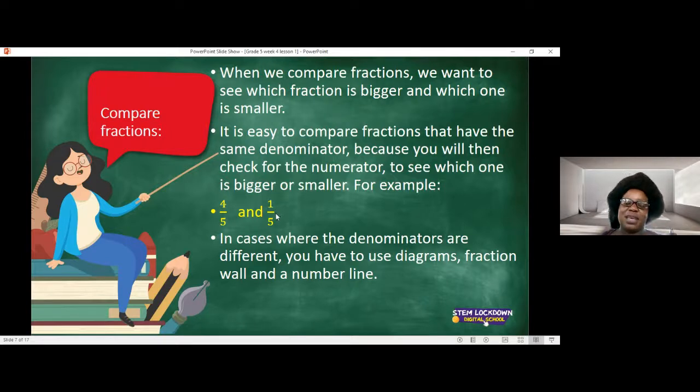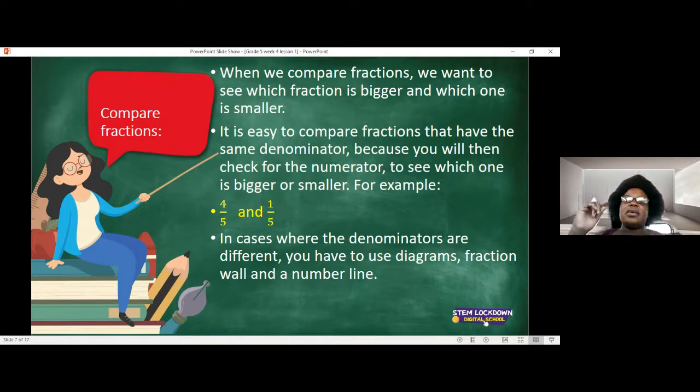Who's going to get the bigger piece? Obviously, Maluleke has 4 pieces, so he has the bigger share. So if the cake is cut into the same number of pieces, then it is easier to compare because you only check the numerator. Remember, the numerator is the top number.